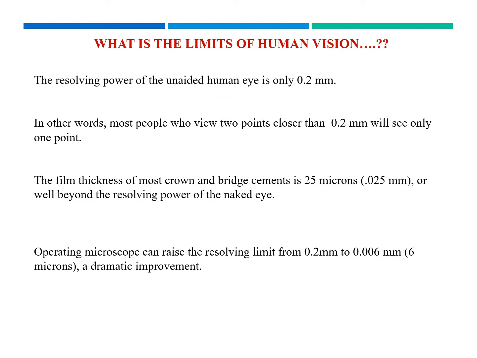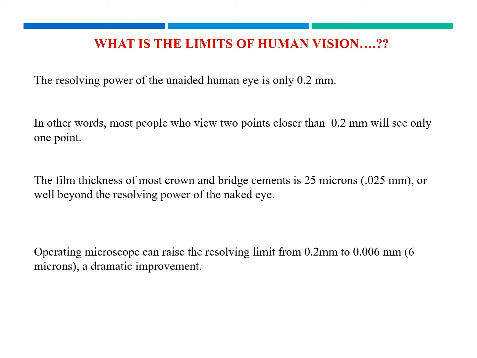Moving on to why we need to use magnification in dentistry: human vision has a certain limitation. The resolving power of the unaided human eye is only 0.2 mm, which means that if two points are closer than 0.2 mm, the eye will see them as one point.